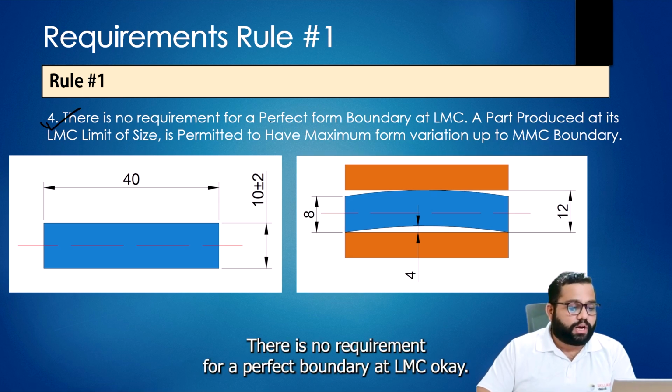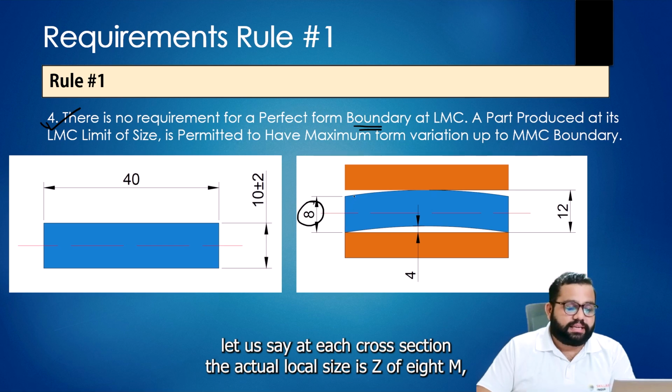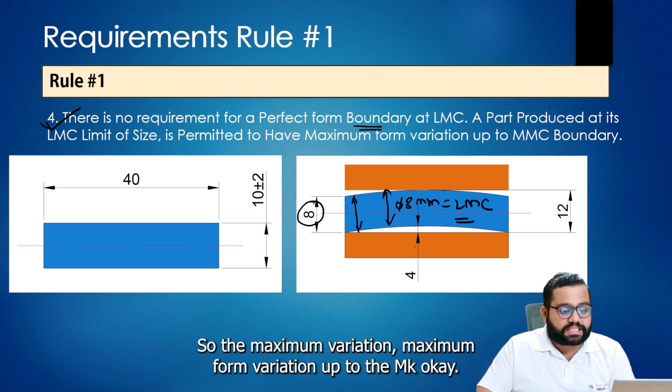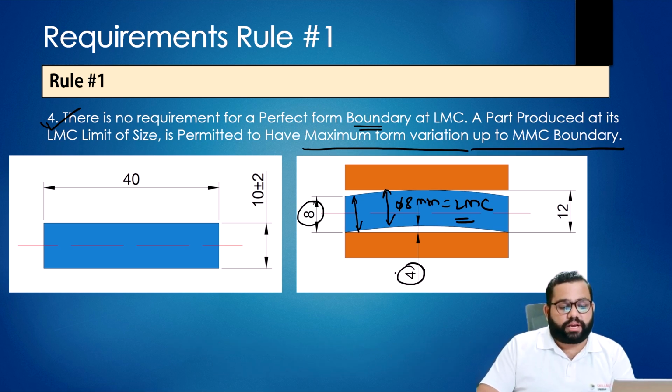Now, the fourth requirement is here. There is no requirement for a perfect boundary at LMC. Whenever we are manufacturing the part at least material condition, let's say at each cross section the actual local size is 8 mm, which is equal to LMC, the maximum form variation up to the MMC, the maximum variation we can have is 4 mm.